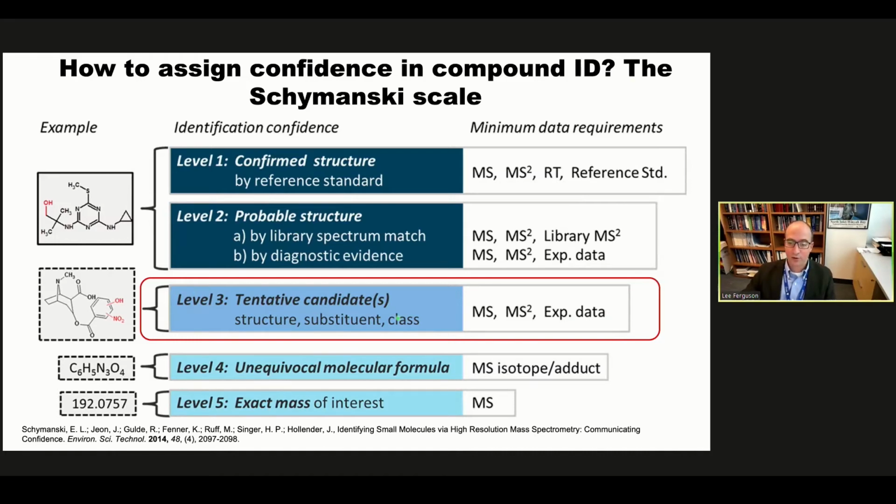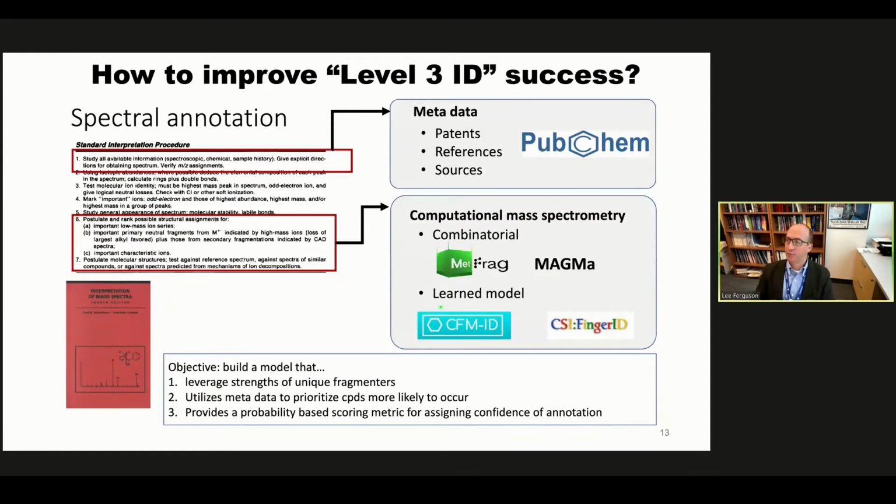And one way is to move down the list to tentative candidate annotation and do that in a reproducible way. So the question is, how do we improve our success in annotating structures for compounds for which we have no reference standards and no curated library spectra? So now we are in the realm of expert mass spectrometry interpretation.